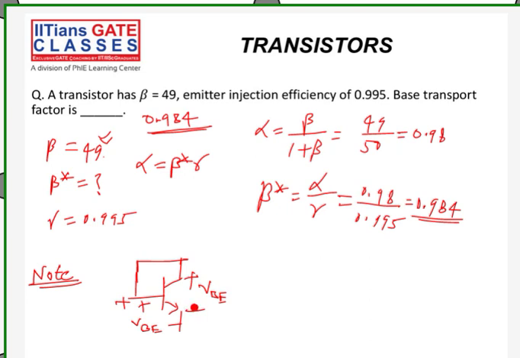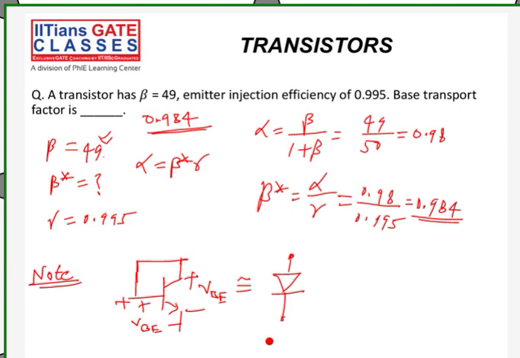So if a transistor collector is shorted to the base, how does it behave? If it is shorted to the base, it will behave as a diode. This type of diode it will behave as.